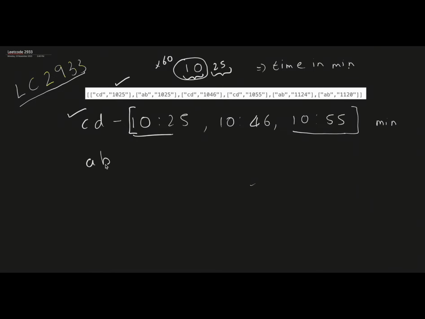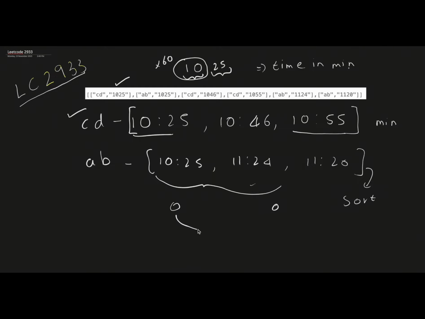For example, there is another key in the map, AB, with the times 10:25, 11:24, and 11:20. We would sort this vector into ascending order and start selecting three elements, and if the difference between the first element and the last element of these three is less than 60, we can add that particular employee name into our answer.